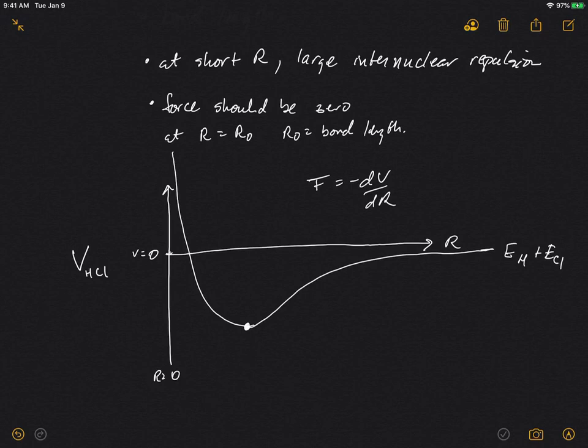And so this would be at R0, the bond distance. At the bond distance, you would expect the potential to be flat. If the potential is flat, then there's 0 force. Right? So if the potential has a slope of 0, then there's 0 force.